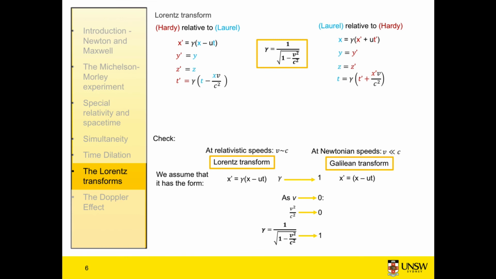And so therefore our gamma, which is equal to 1 divided by the square root of 1 minus v squared on c squared, is equal to 1 divided by the square root of 1. So gamma approaches 1. So our equation for gamma satisfies the requirements of the Lorentz transform, and we can now happily use these 8 equations to transform between our positions in space-time.